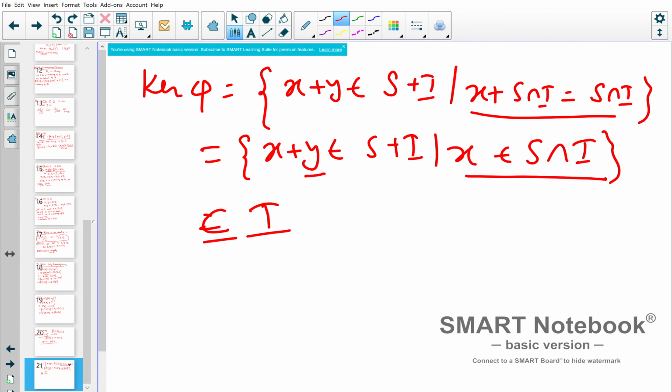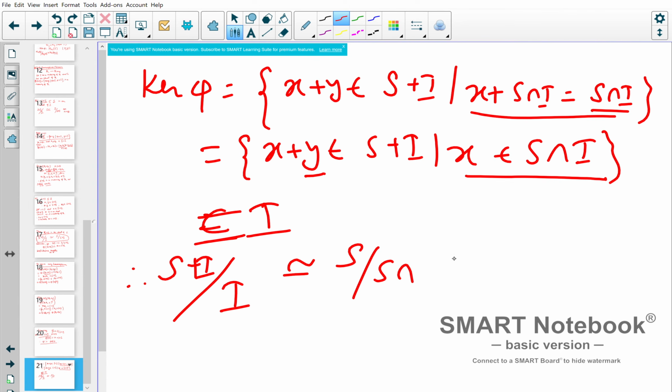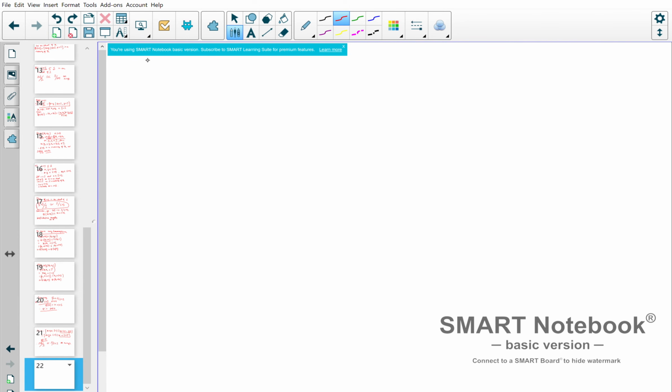If you choose an element of I, it is always inside the kernel, because the element of I is mapped to the identity. So this is actually equal. And hence you can use the first isomorphism theorem for rings, and that will give you that S plus I mod I is isomorphic to S modulo S ∩ I as rings. So they are intrinsically isomorphic. Okay, so this is the second isomorphism theorem.